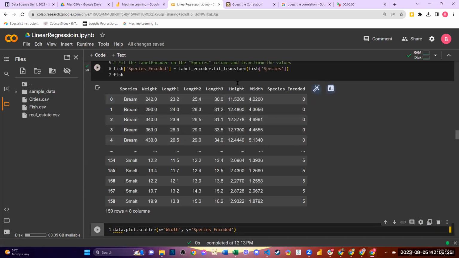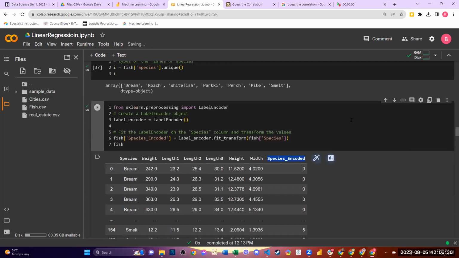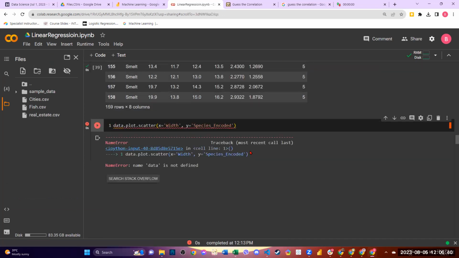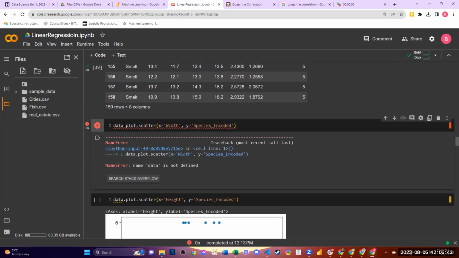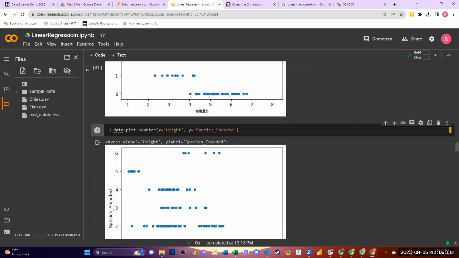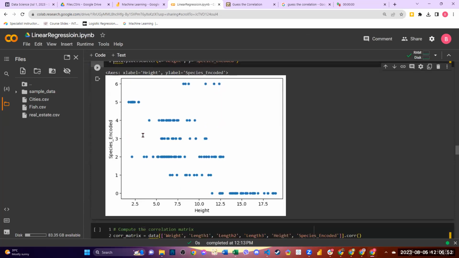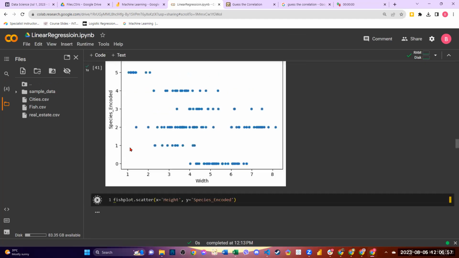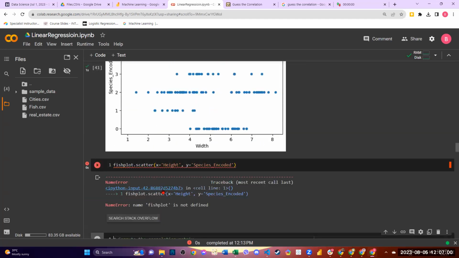There, so we will have another column which is species encoded. So instead of data, we use fish. Same thing. Fish.